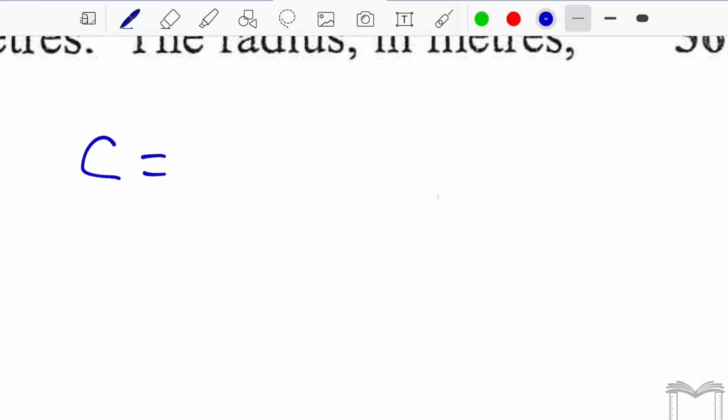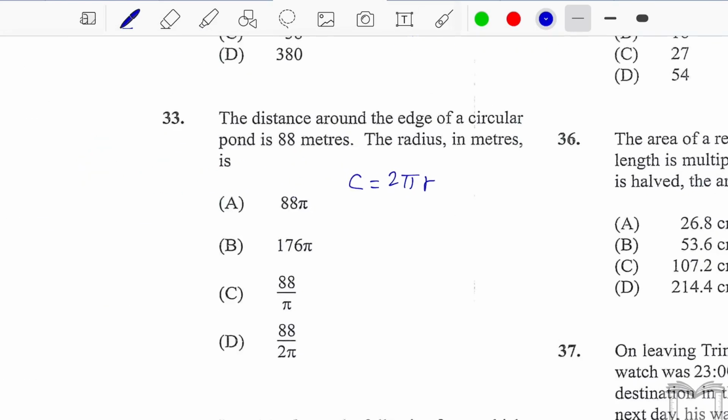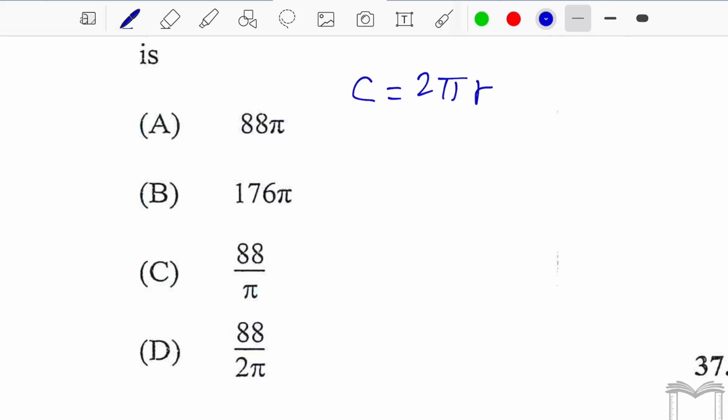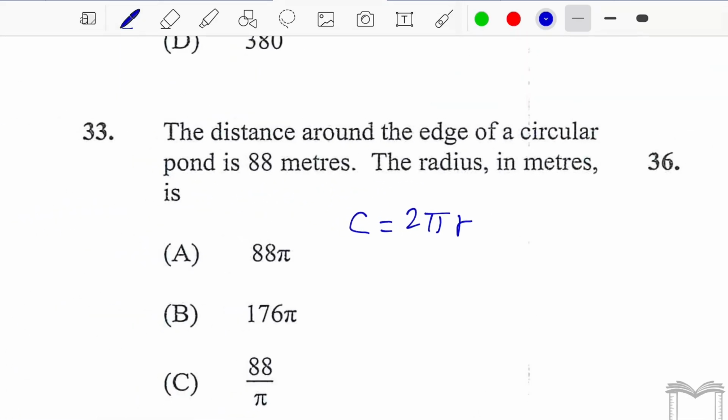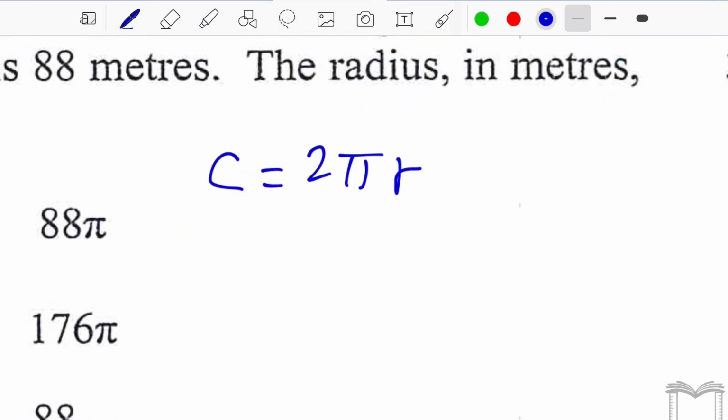We will use C, for circumference, is equal to 2 pi r. So we are seeing the answers being expressed with the term pi. So we will leave pi and not work out pi. So let's work out the radius.